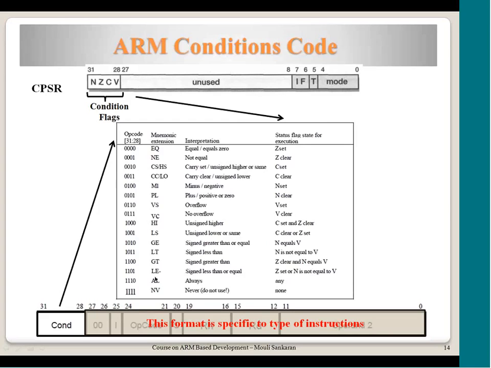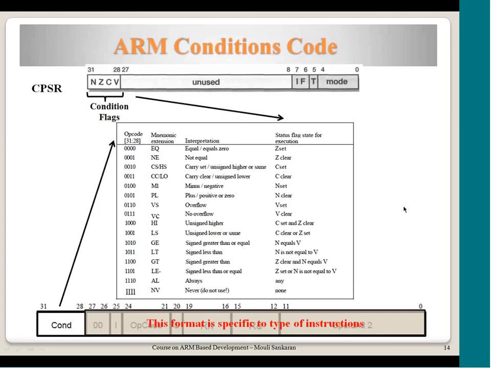Now what is this AL? This is about always. When an instruction is coded like this, whatever the state of the flags, this instruction will get executed. You could write add R0, R1, R2, or any general purpose registers. When you just say add, it means the same as ADDAL. That means when you write just add, that instruction will always be executed.